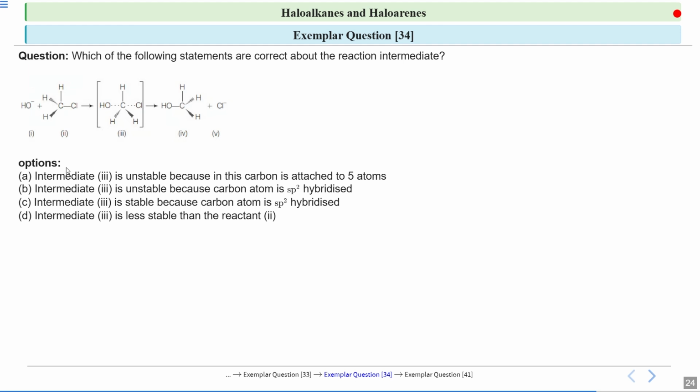The options are: intermediate third is unstable because in this the carbon is attached to 5 atoms. Intermediate third is unstable because carbon atom is sp2 hybridized. Intermediate third is stable because carbon atom is sp2 hybridized. Or intermediate third is less stable than the reactant second.